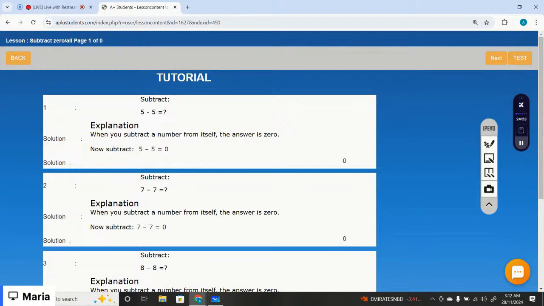Five take away 5. Subtracting a number from itself always makes a 0.